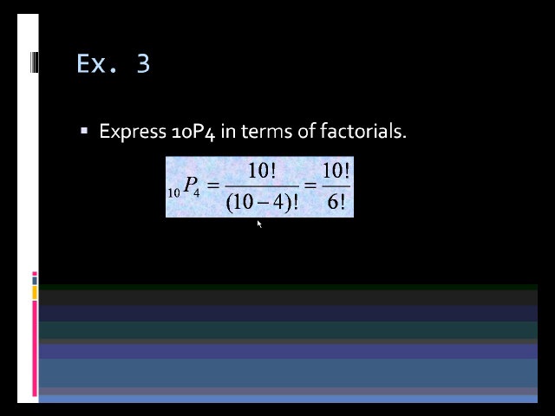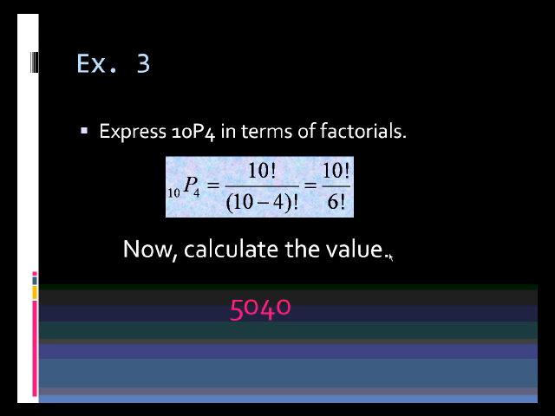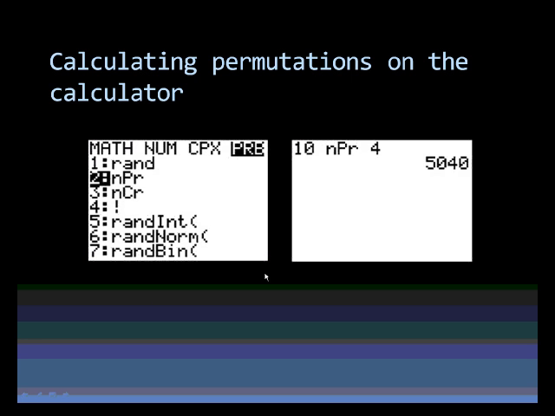All right, what do we get? 5040. Good. There is a way to type 10P4 in your calculator. First please type 10. Then press the math button and arrow over, where we were yesterday for the factorial, to PRB for probability.